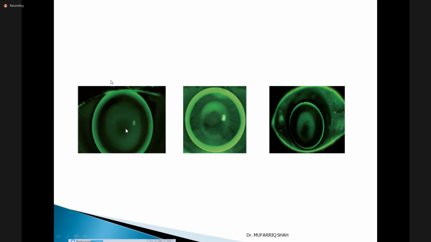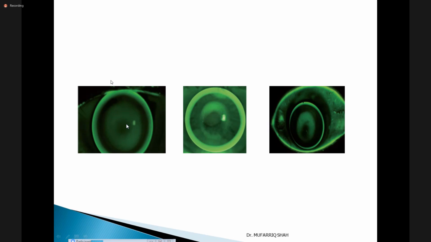So can you see here, it is a little bit greater, the dia is smaller, and in case of nipple cone, as the cone is getting steeper and steeper, you will get the optimum fit. If you see here, the fit is very good, the center is feather touch and a little bit greater than the Rose K2 KC lens. So this one is the optimum fit.